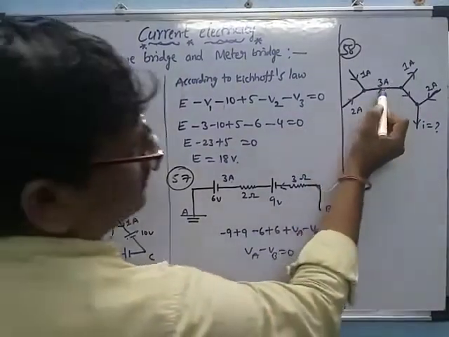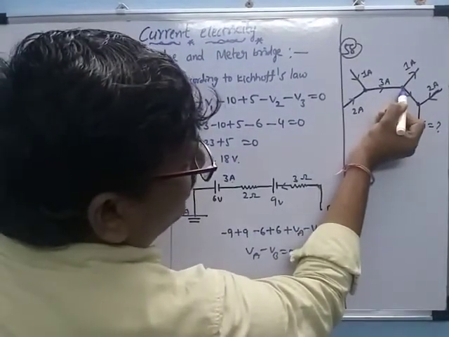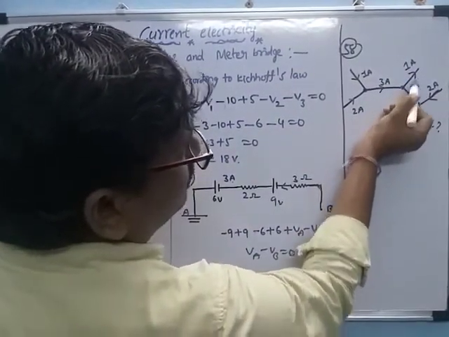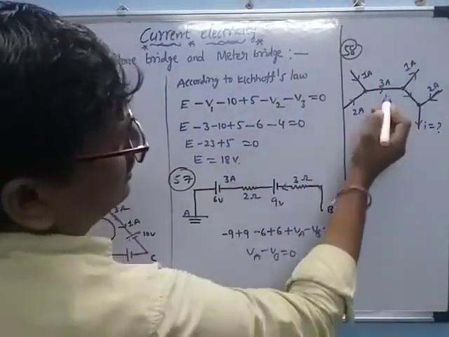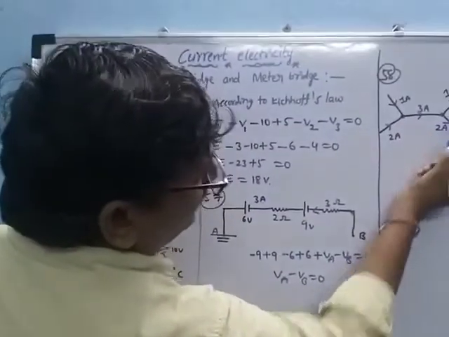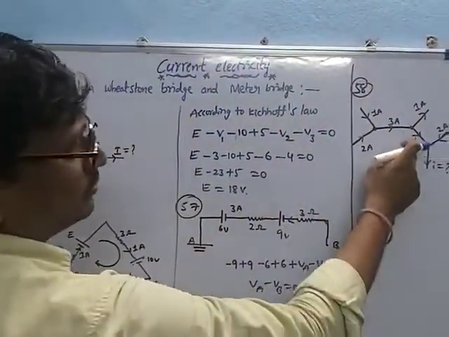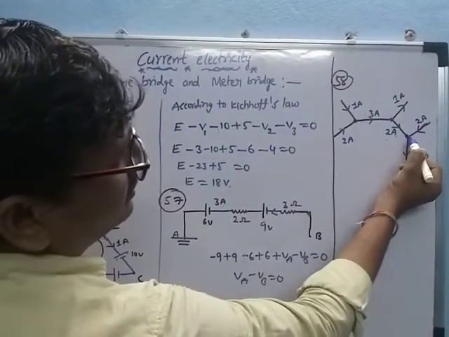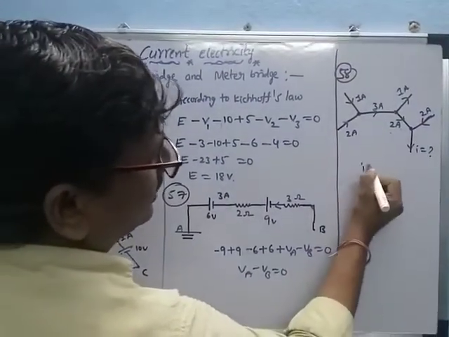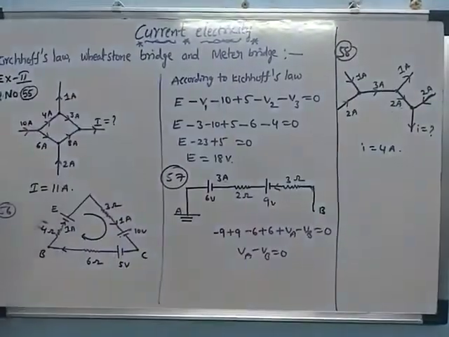Now the 3 ampere of current enters this junction. Here 1 ampere is already given as leaving the junction, and the remaining is 2 ampere, which is towards this direction, and the 2 currents are entering this junction. So 2 plus 2 is equal to 4, that is, the current I is equal to 4 ampere.